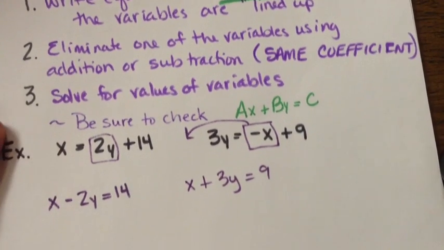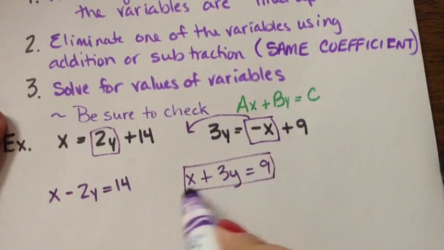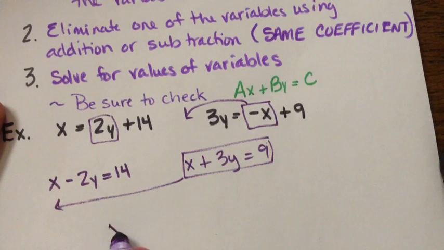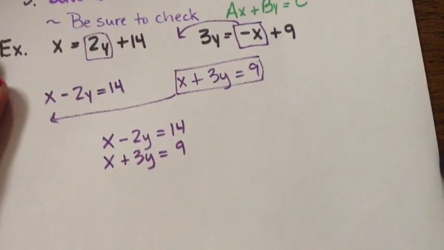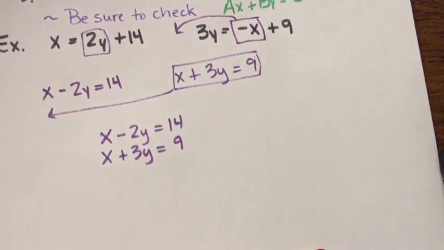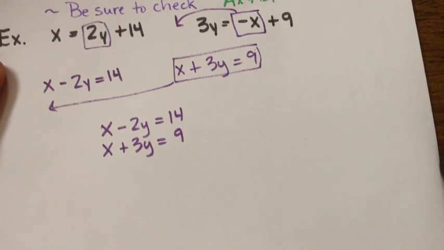So now I'm going to line them up, and by that I'm just going to take this and put it under here. So really I'm going to rewrite them as x minus 2y equals 14 and x plus 3y equals 9. Okay, so we are using the elimination method, meaning we're going to eliminate one of the variables using addition or subtraction.